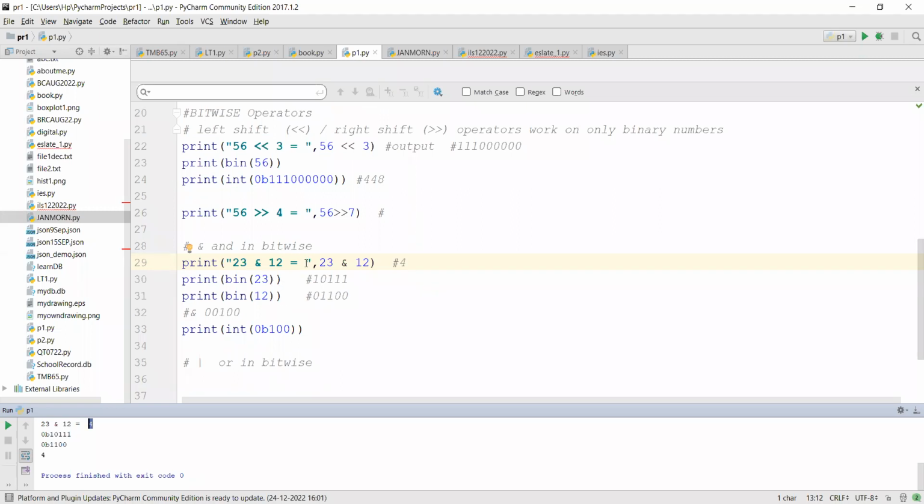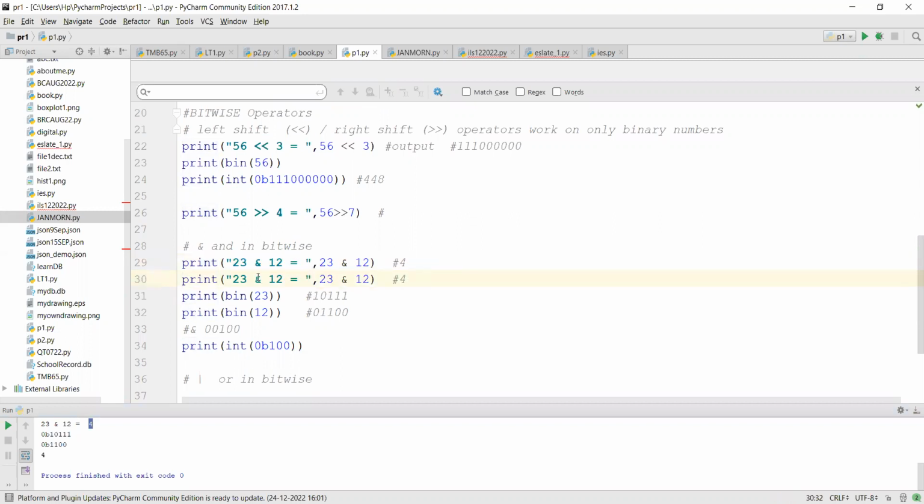Similarly, bitwise OR. Okay. So let's take the same numbers and we'll say OR. So what happens here? In OR, if I say OR here, 1 or 0? 1. 1 or 1, it's 1.